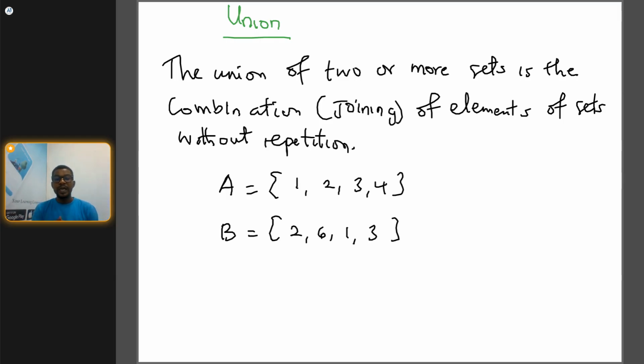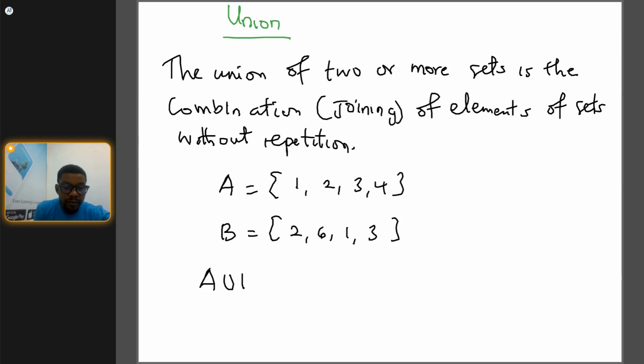We are given these two sets and we want to obtain the union of the sets. It means we want to obtain the combination, the joining, like husband and wife coming together to form a union. So A and B come together to form a union. We are not to repeat any elements. Take note, no repetition is allowed.